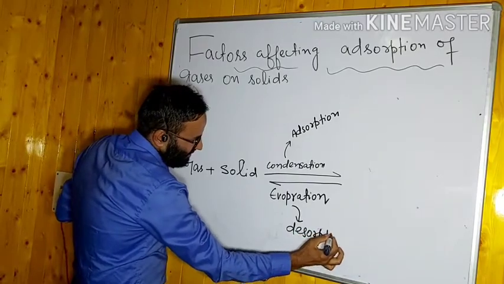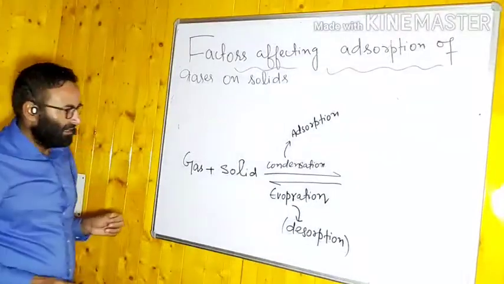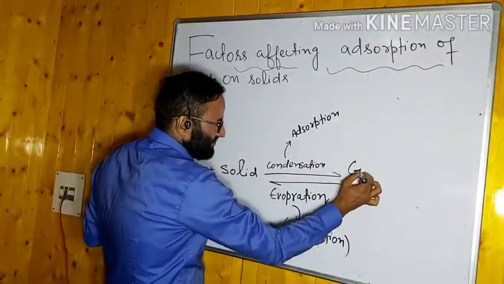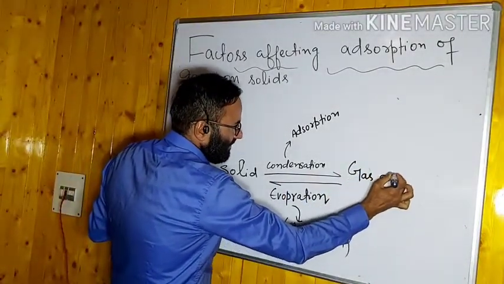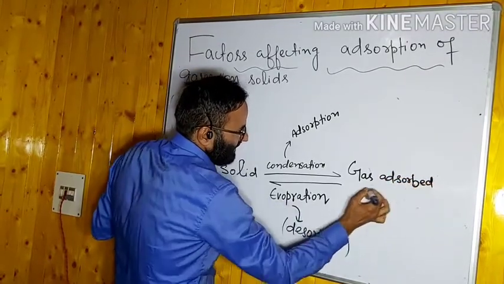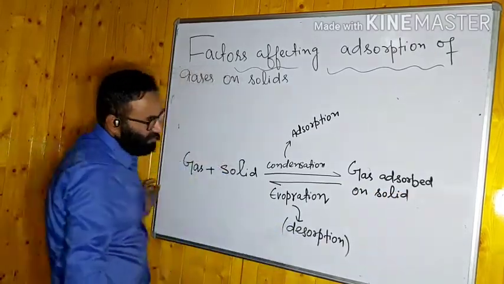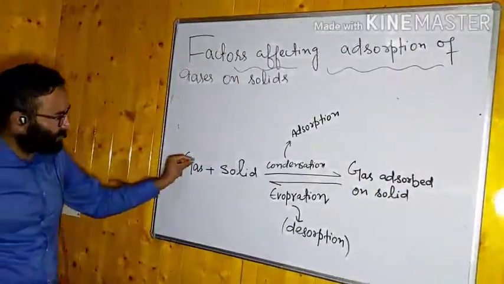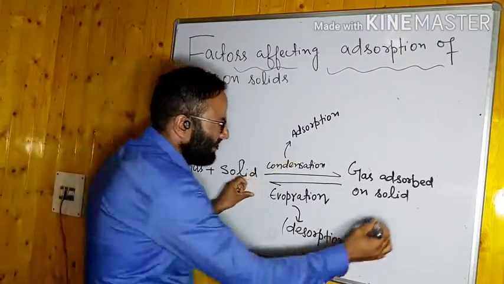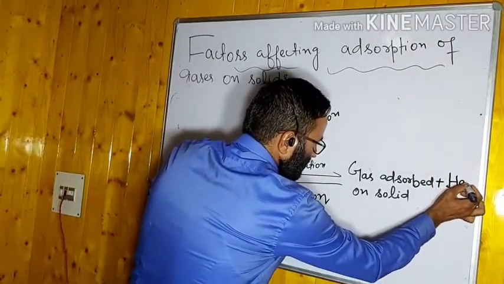When gas molecules go out from the surface, it is desorption, and you get gas adsorbed on solid. When this process, condensation, takes place, what happens? Some amount of heat energy is being released.